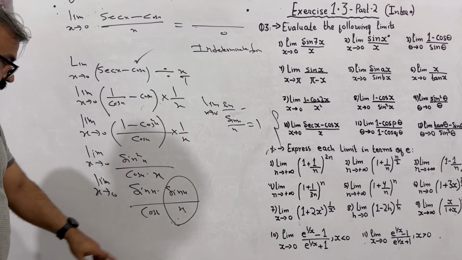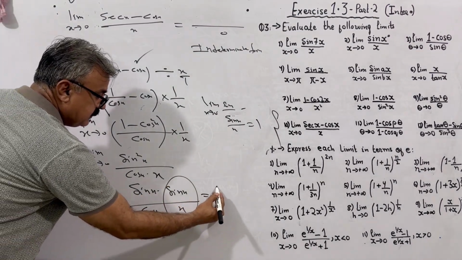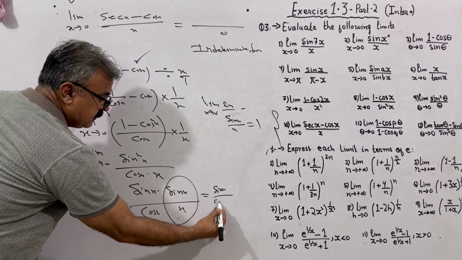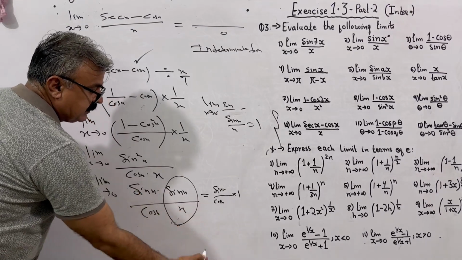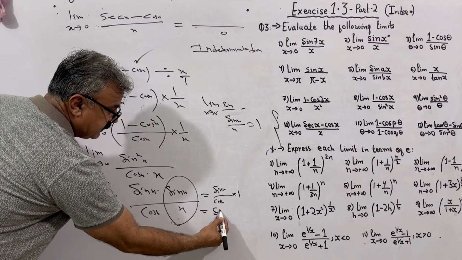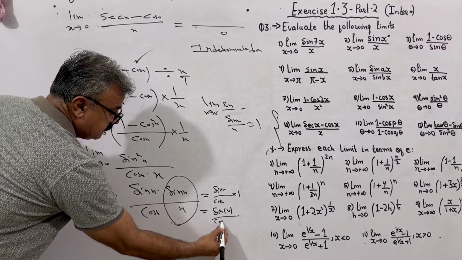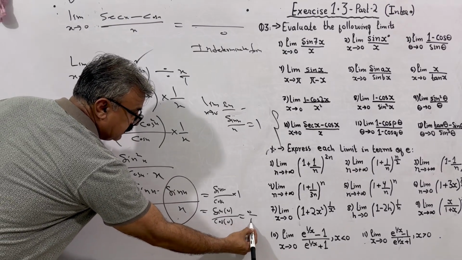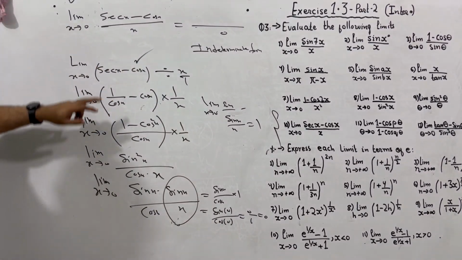Sine 0 is 0, cos 0 is 1. Let me write here sin x over cos x times 1. Now put the limit: sine 0 over cos 0, 0 over 1, 0 is our answer.